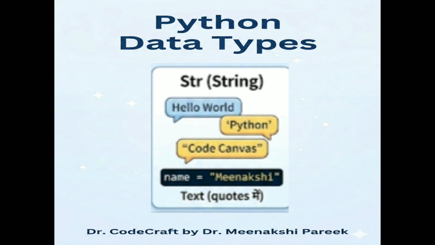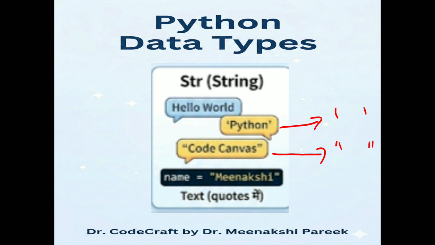Next we have string type data. In Python we can write a string in double quotes or single quotes. In this example, Python is written in single quotes and codecraft is written in double quotes. Both represent a string.